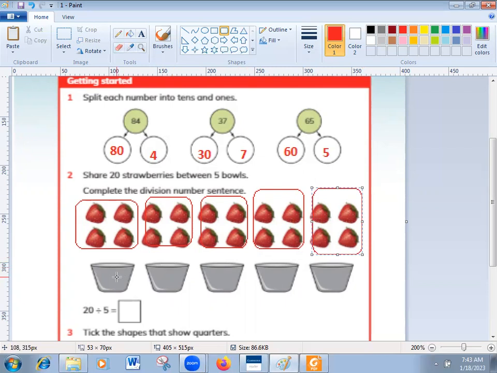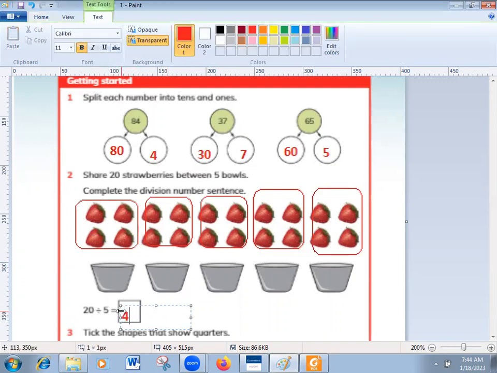So the number of bowls is 5 and the total number of strawberries is 20. So how many in each group? 1, 2, 3, 4. So the answer is 4. 4 strawberries in each bowl. So you are going to put 4 strawberries in each bowl.